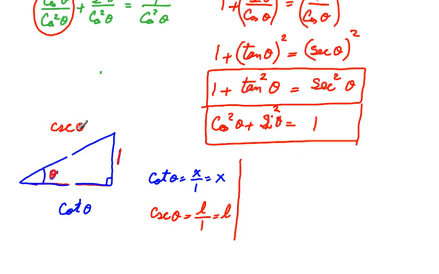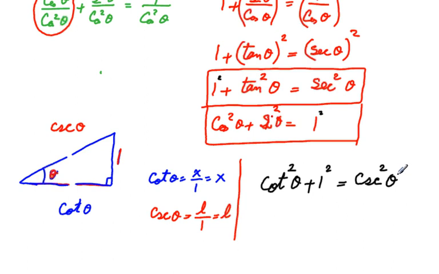What should I write? So, cotangent square of theta, this leg plus that leg. Of course, 1 squared is just 1, so if you square it or don't square it, doesn't make any difference. That is equal to cosecant square of theta. So that is the third identity.